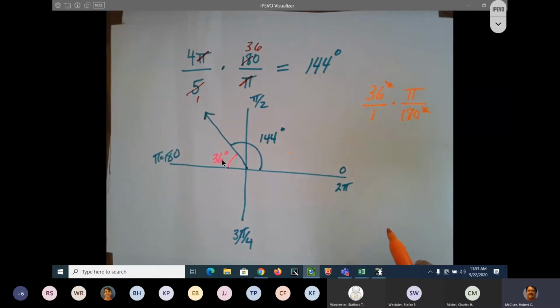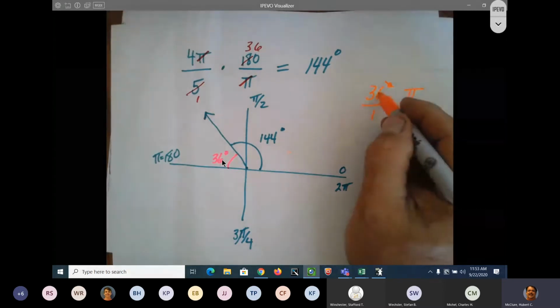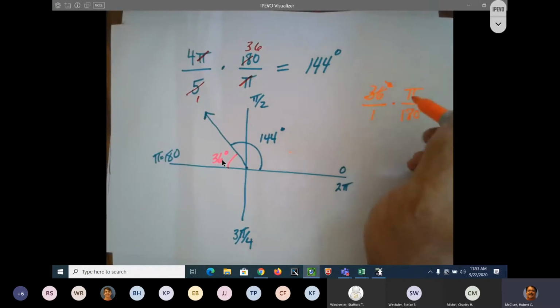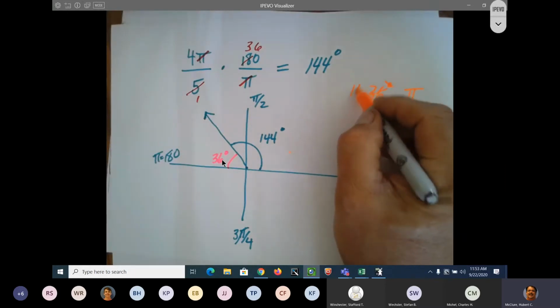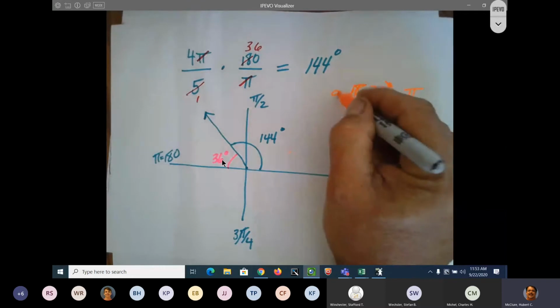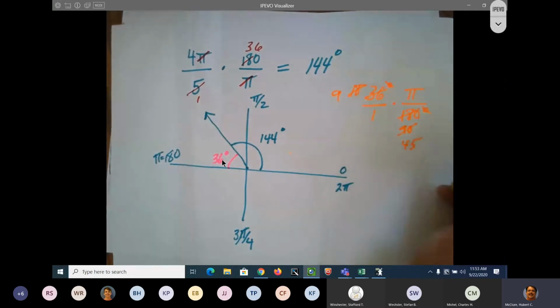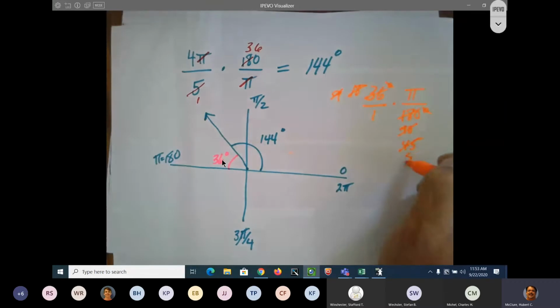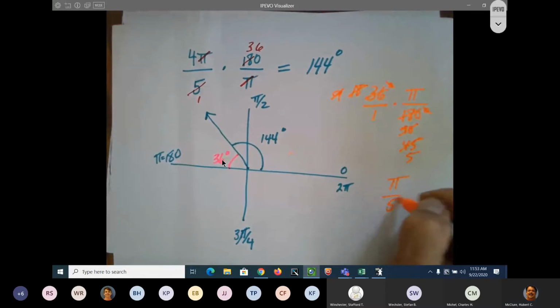So let's see, 2 will go in there 18, 2 will go in there 90, 2 will go in there 9, 2 will go in there 45. 9 will go into 9 one time. I got pi over 5.